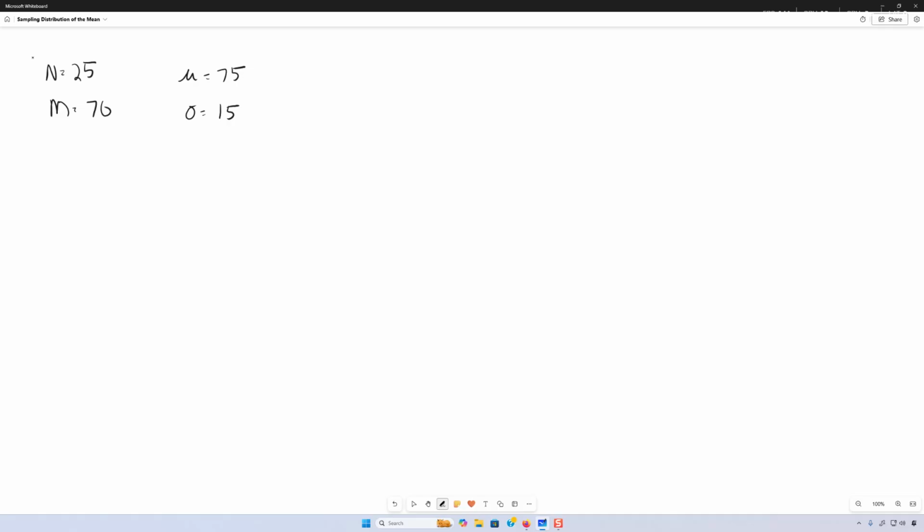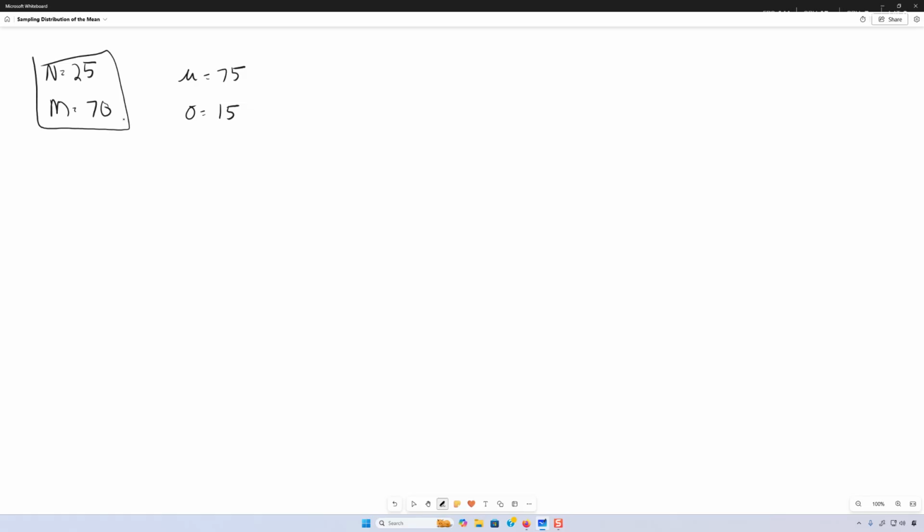So I'm comparing this sample to this population, and I'm asking, is this sample different from this population? Basically, could I get a sample with a mean of 70 from a population with a mean of 75 and a standard deviation of 15?